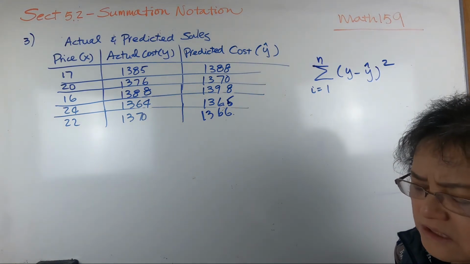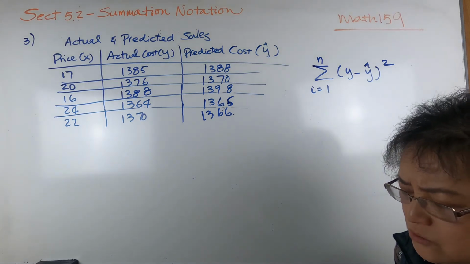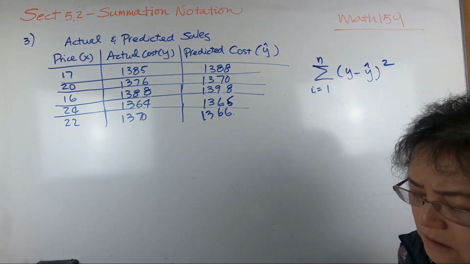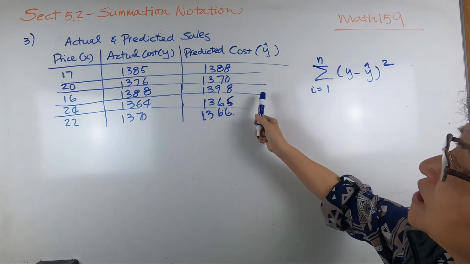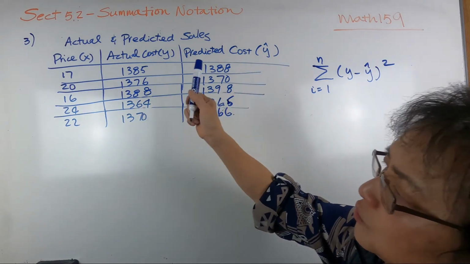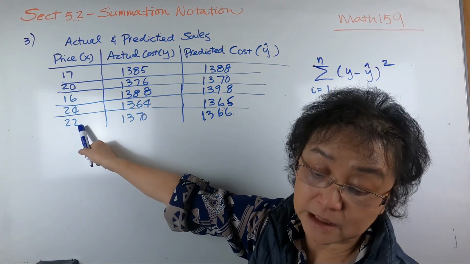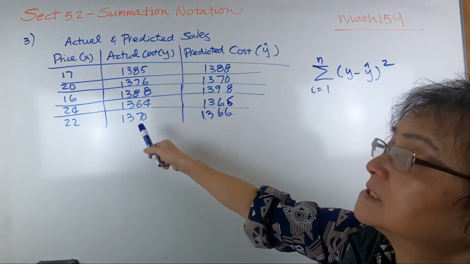It's confusing, isn't it? What does the actual cost Y mean, and predicted cost? We understand actual cost and predicted cost, but how it relates to price tag, it didn't say. Right? Why is the table this way?